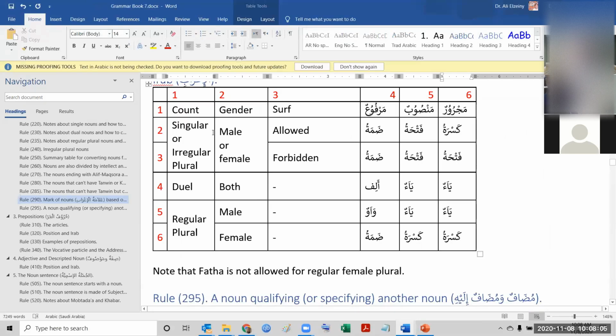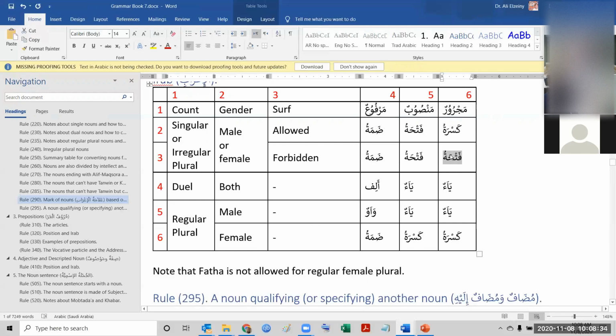Singular here, as long as the sarf is allowed. And for this case, if we go through the table, we'll find that sarf is allowed. So it is dealt with as if it is a single noun: مرفوع ضمة, منصوب فتحة, مجرور كسرة, مجرور فتحة.